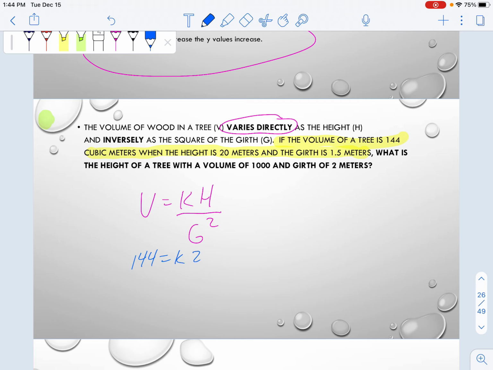Height is 20, girth is 1.5, and then we square that. So we have 144 equals k times 20 over 1.5 squared, which is 2.25.